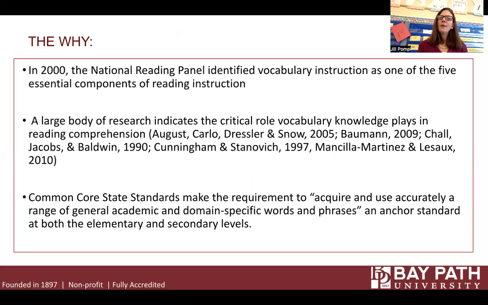Now, again, coming back to why we are focusing on vocabulary. As I already stated, in the early 2000s, the National Reading Panel identified vocabulary instruction as an essential component of reading instruction, and it continues to be seen as an essential component through all of our science of reading research.